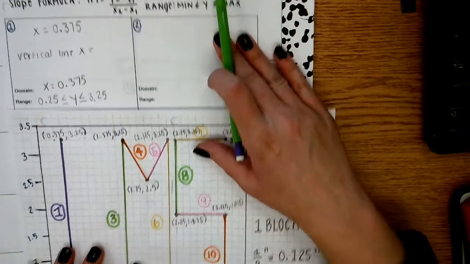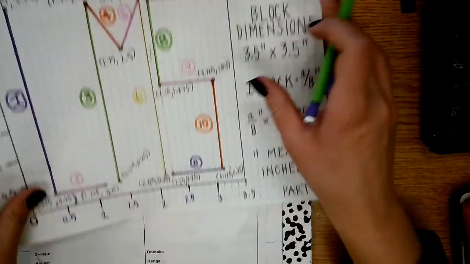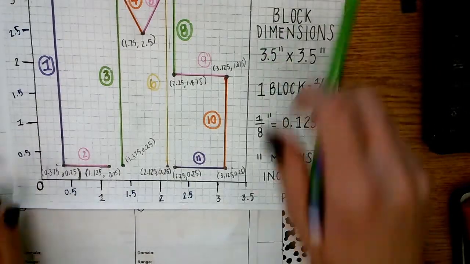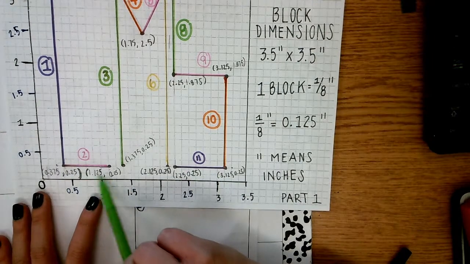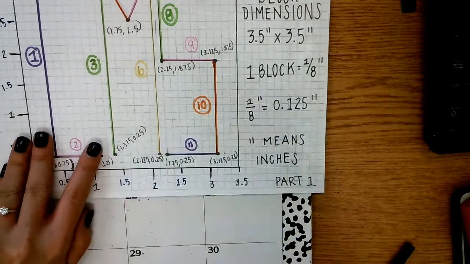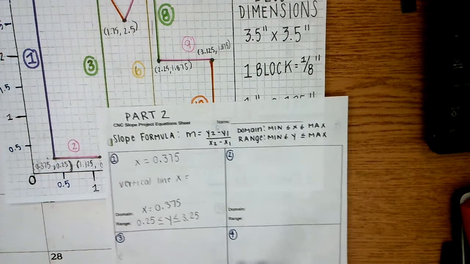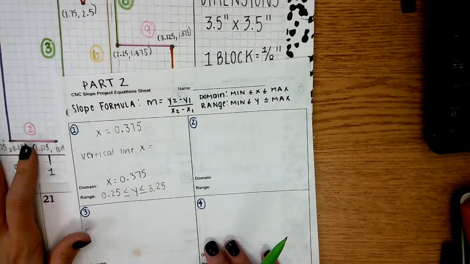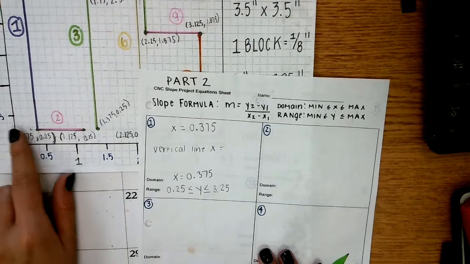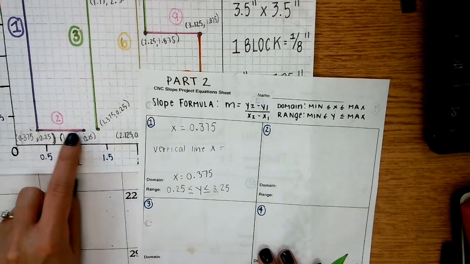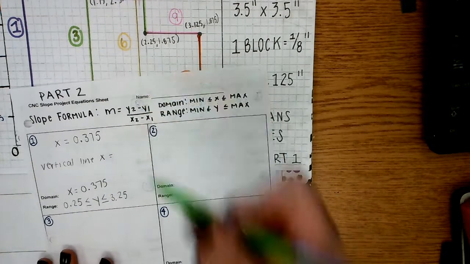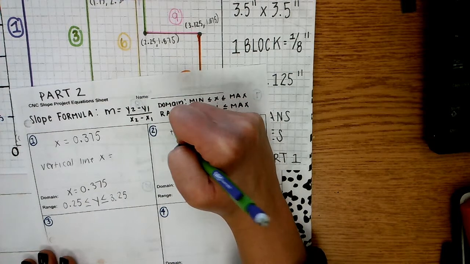All right, let's do number 2. Segment number 2, if we see here, is a horizontal line. Horizontal lines have the equation y equals, because on a horizontal line, the y coordinate for every single point is the same.